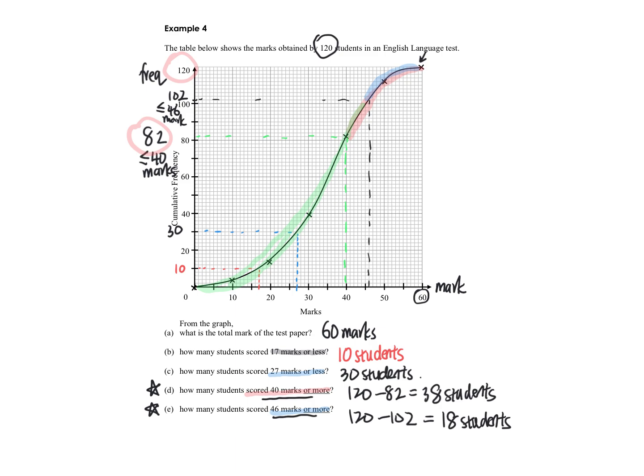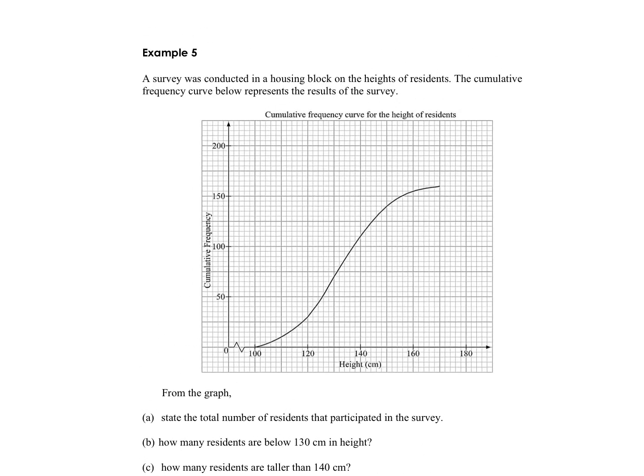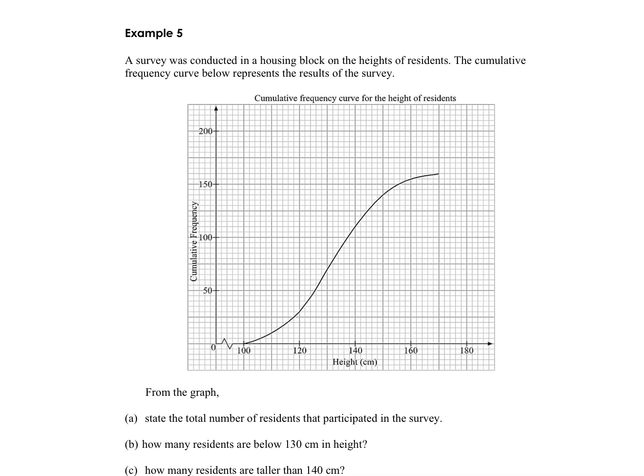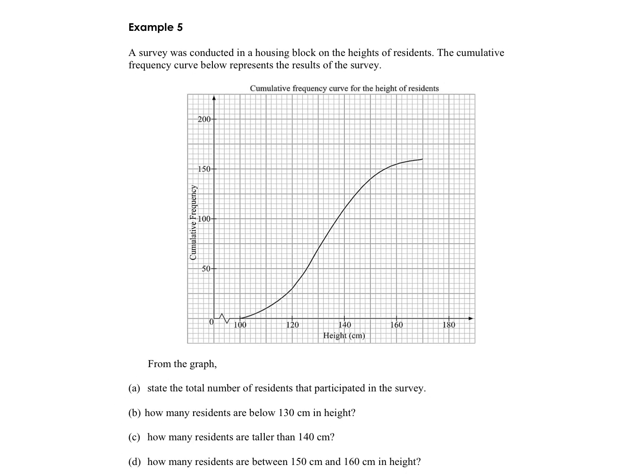Okay, this one. This is the housing block survey for the heights of residents. State the total number of residents who participated in the survey. How many? 150. You must read carefully, don't jump to conclusion. The highest point here is 170, right?